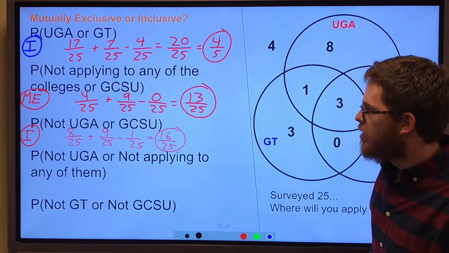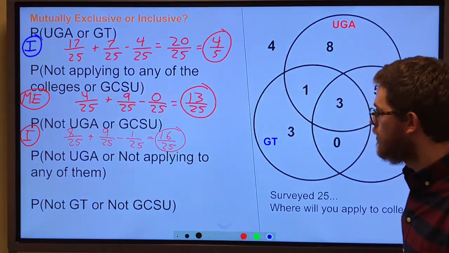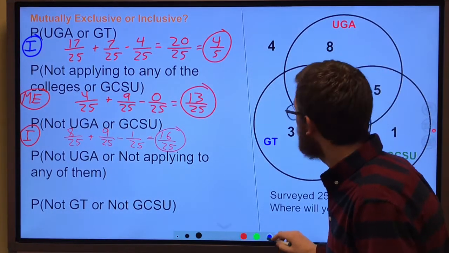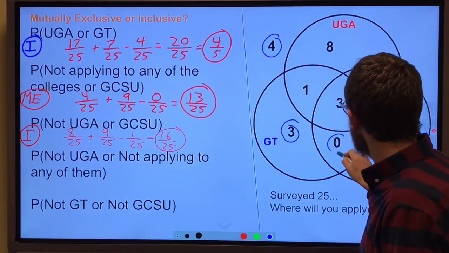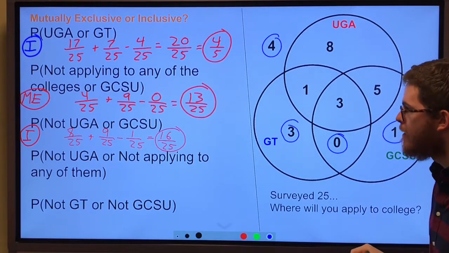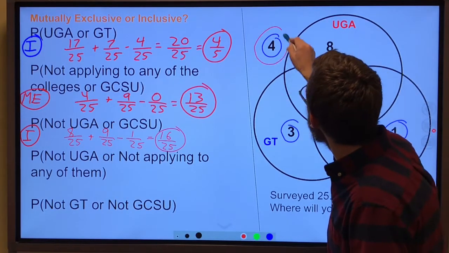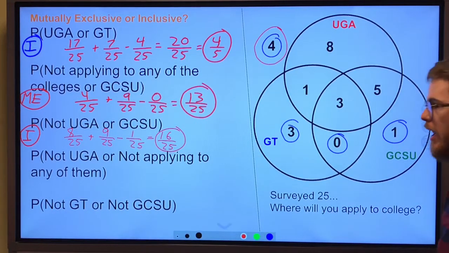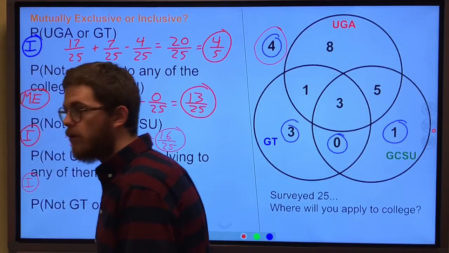The probability of not UGA or not applying to any of them. Okay? So not UGA. Again, we just dealt with that. Here's all the not UGA. Or not applying to any of them. Well, not applying to any of them is just that 4 out there. So do they overlap? Absolutely. So these are inclusive once again.